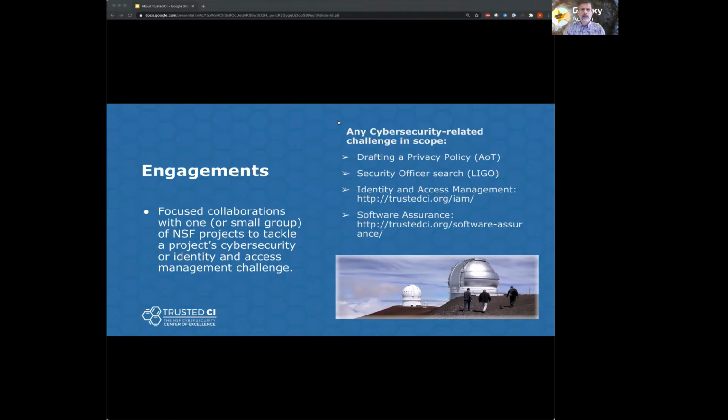These applications are then reviewed, and if your project is chosen, such as this Galaxy project that Enis is talking about, we will engage with you and help you with any number of topics having to do with developing your cybersecurity program, or doing an assessment, or helping with, for example, identity and access management, software assurance, and any number of topics where you need help with cybersecurity.